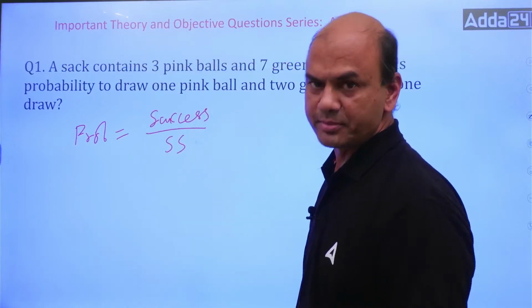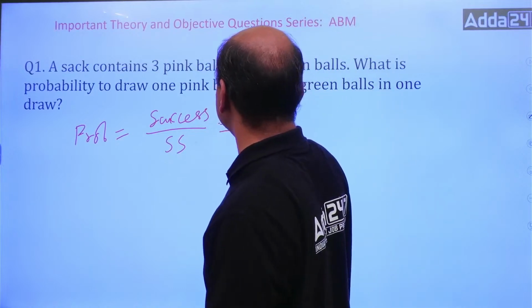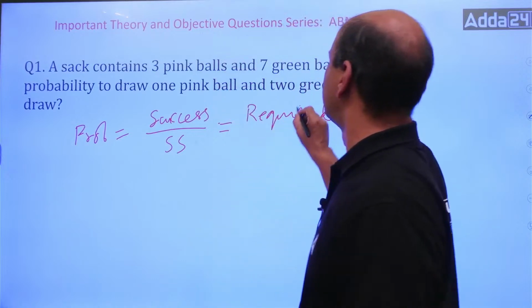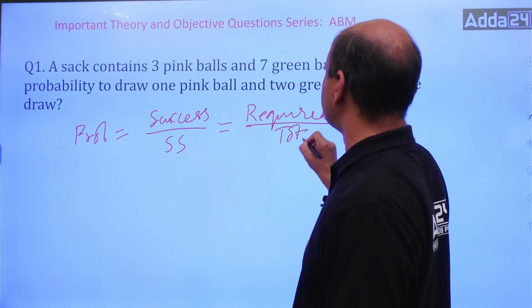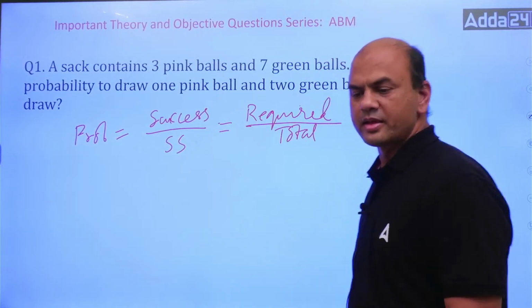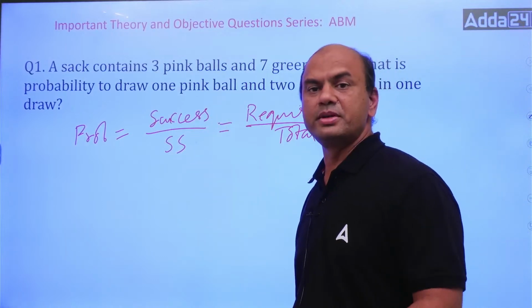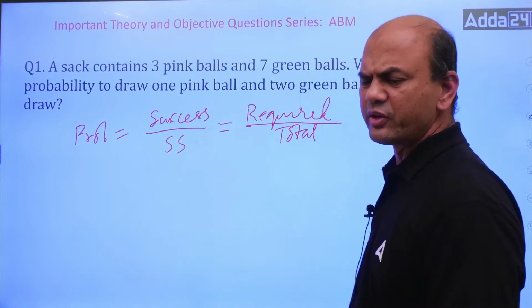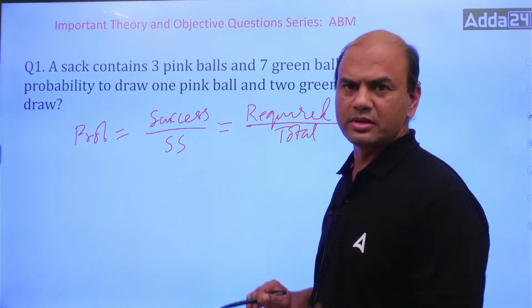Success upon sample space, or in more simple language, required divided by total. Generally in books they use chances of success upon total sample space. I use simple language: what is required by me and what is the total.